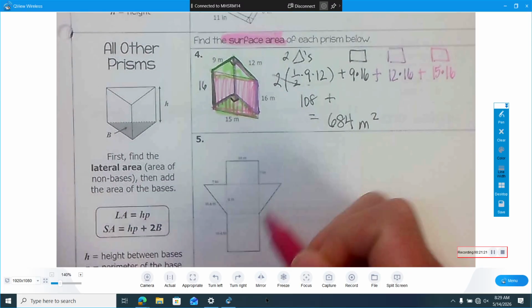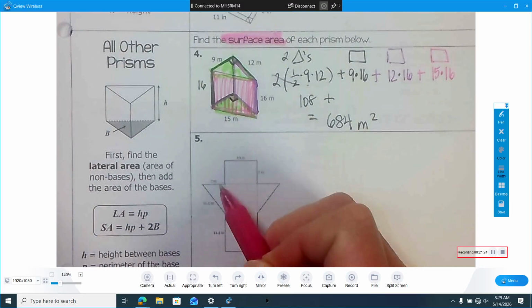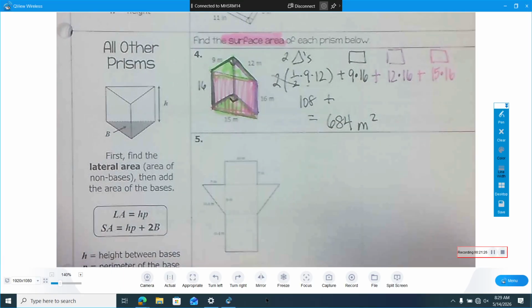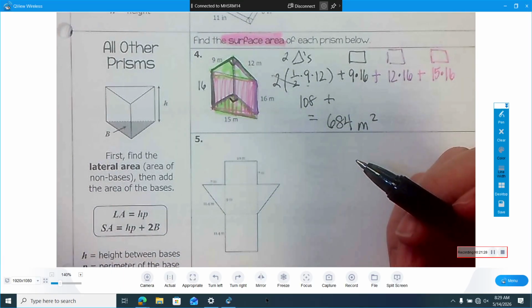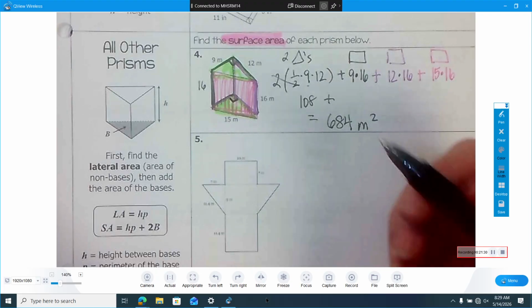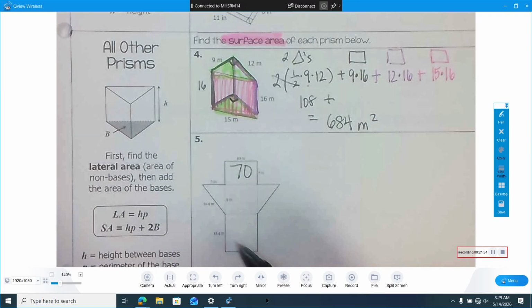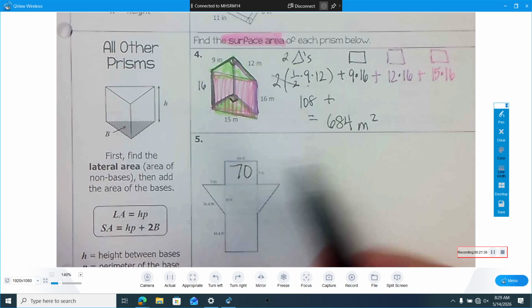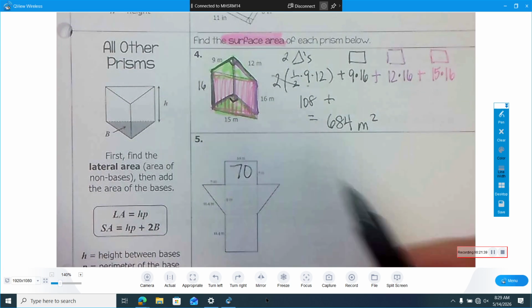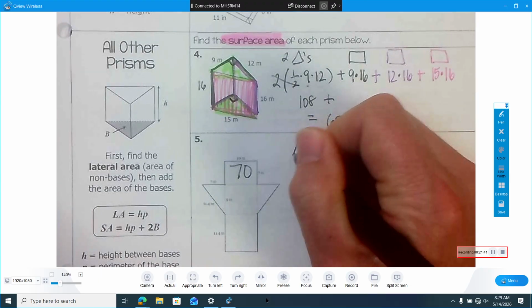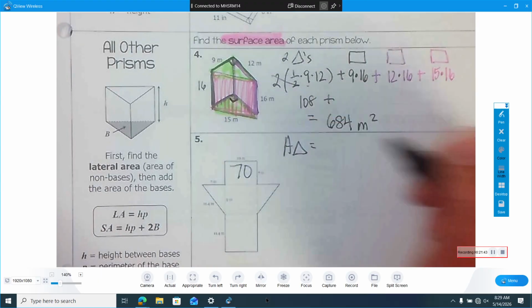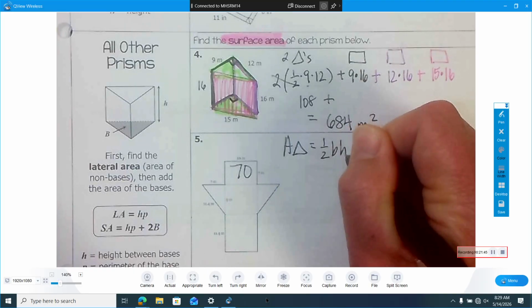When you look at number 5 here, I have this first rectangle. What's its area? 10 by 7, which is 70. If you have the picture, you can just write the area inside. It makes it so nice. What about the triangles? How do we find the area of the triangles? 1/2 base times height.